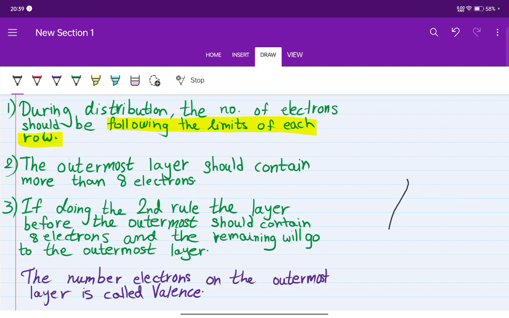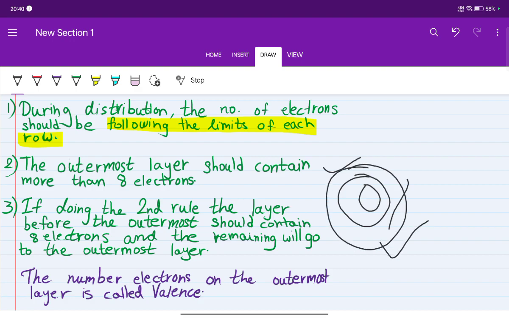The layer before the outermost layer should contain 8 electrons and the remaining will go to the outermost layer. If we have two layers, where this is the outermost and this is the layer before, then there should be 8 and then the remaining.